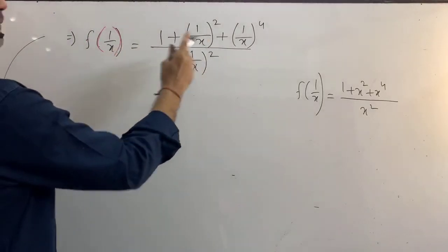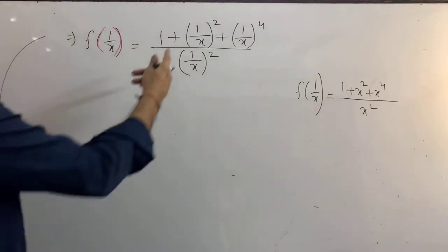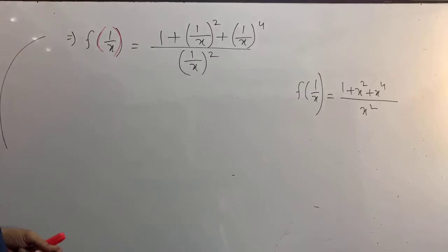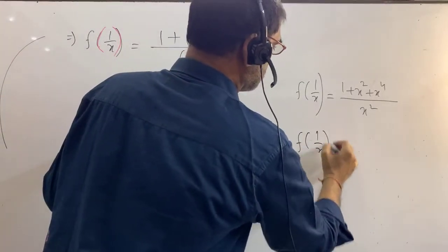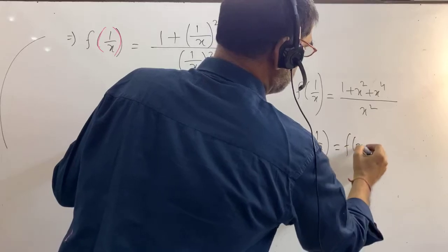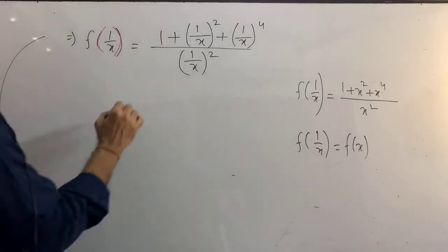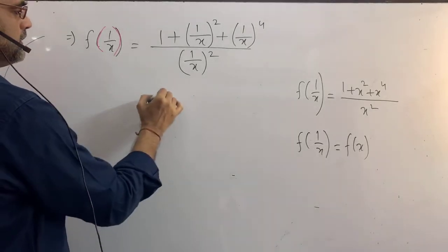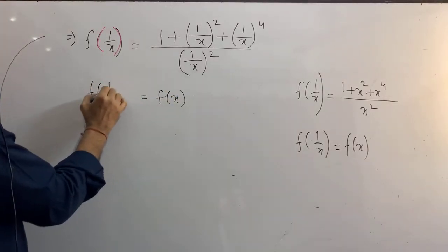Now it is in the form of, suppose, 1 by x. What are we getting? We have to prove that f of 1 by x equals this, okay? Now you see, you have got your answer, right? It can now be written as equal to f of x. So we have got our answer.